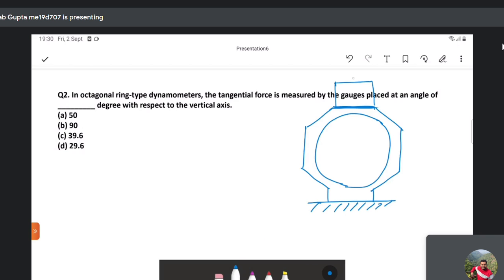Suppose it is experiencing a load like this, which is a normal load, and at the same time it is also experiencing a load like this, which is a tangential load, Ft and Fn. Okay. So this will be your dynamometer, and you are being asked about this particular angle.